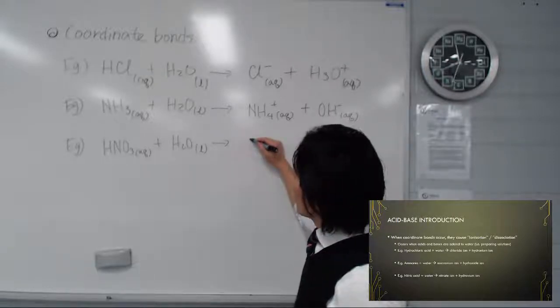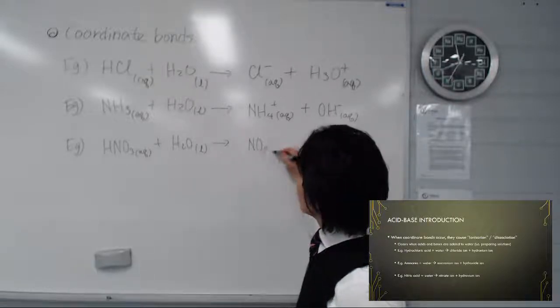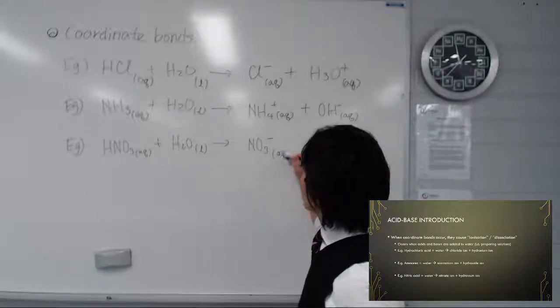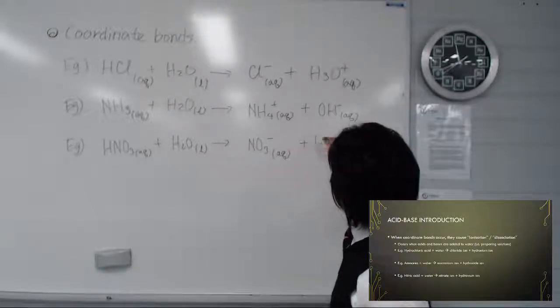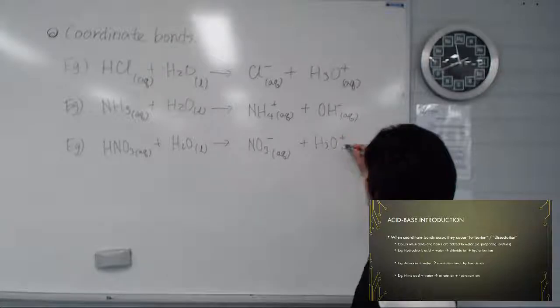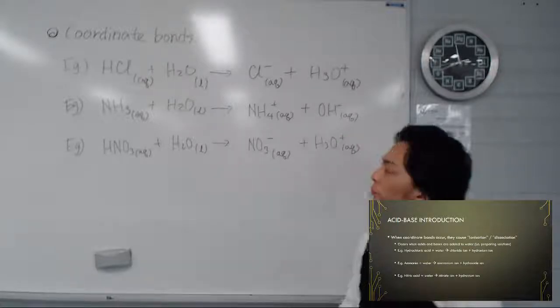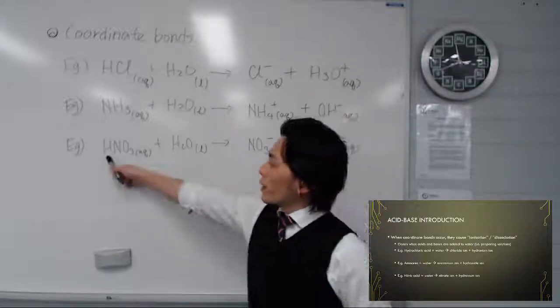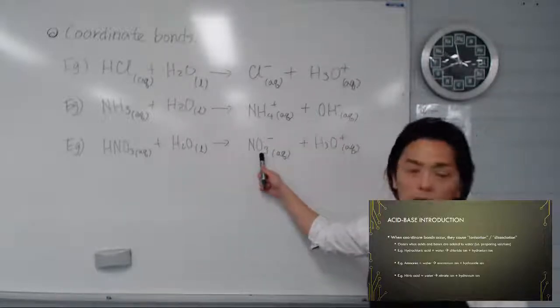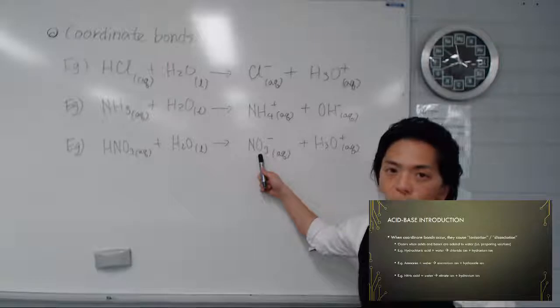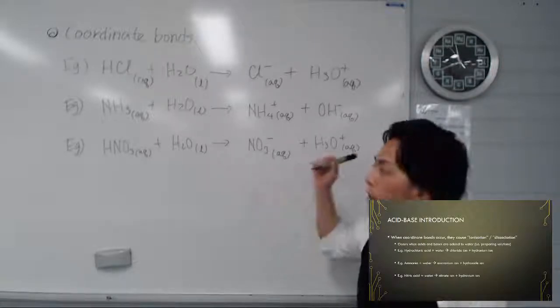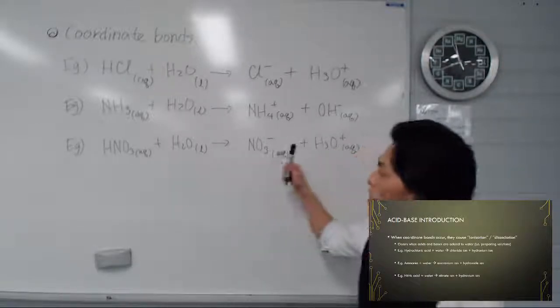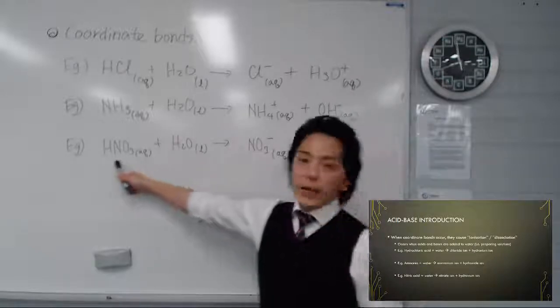So you will get NO3 minus plus H3O plus. So dissociation or ionization happened. H and NO3 dissociated, made into ions, so ionization happened because coordinate bonds can occur between water and hydrogen.